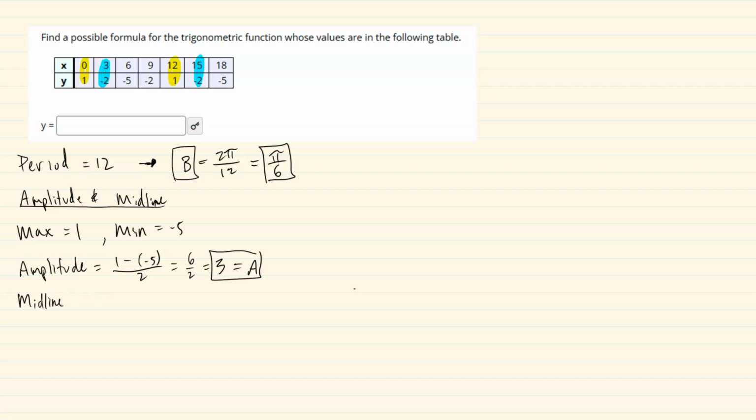So we can find the average, which would be 1 plus negative 5, over 2, which gives us negative 4 over 2, which is negative 2. So that is the midline, and that's the d value in our function.